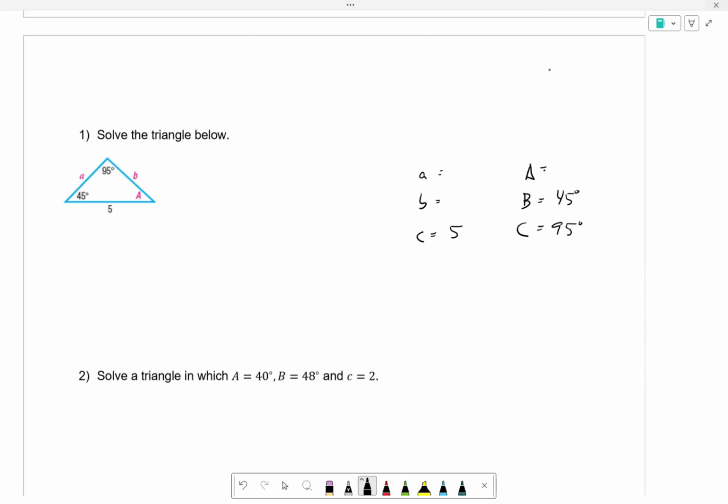Sine C over C, sine C over C. My God, I'm such a fool. You know the sine of 45, you know sine 40.